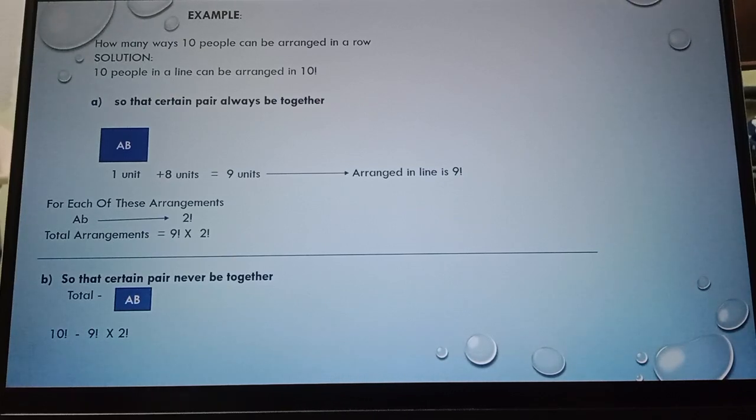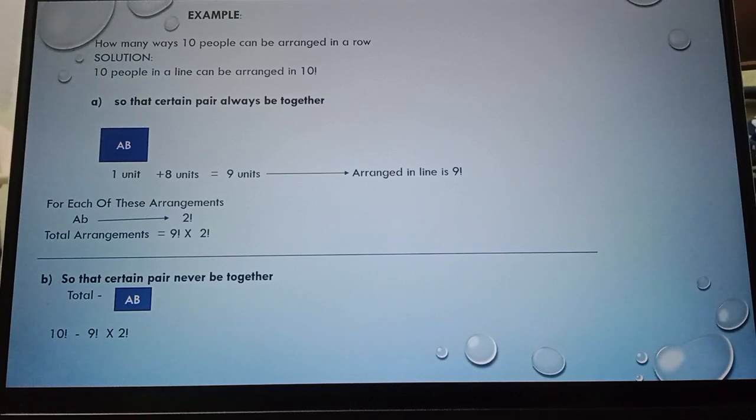In that 1 unit there are 2 people, and we can arrange these 2 people in 2 factorial ways. So the total arrangement is 9 factorial times 2 factorial. This is the solution for a certain pair always being together.